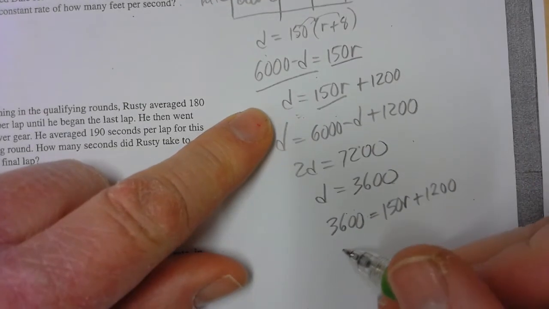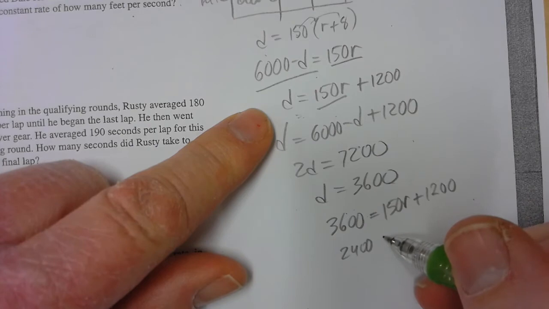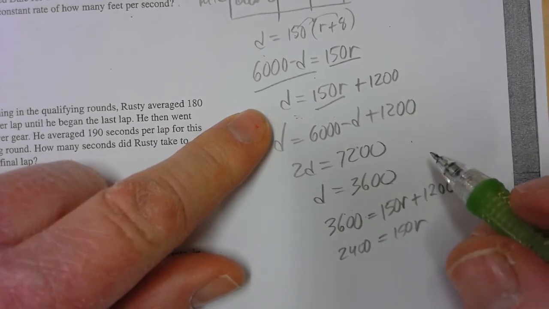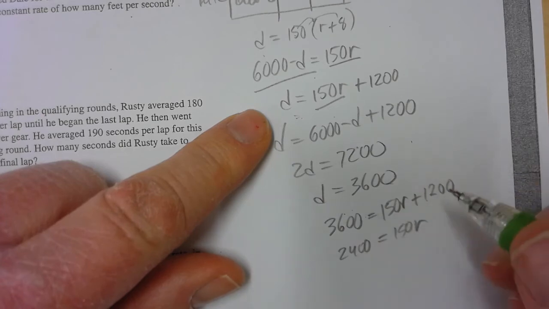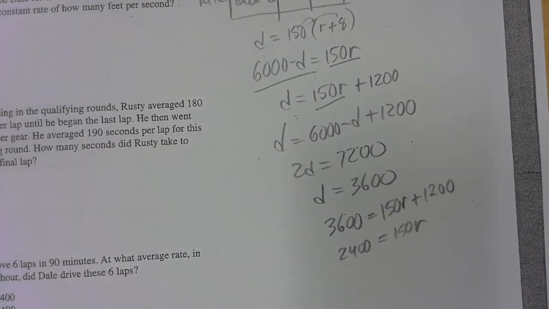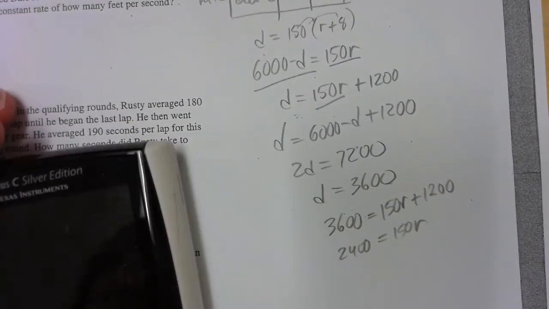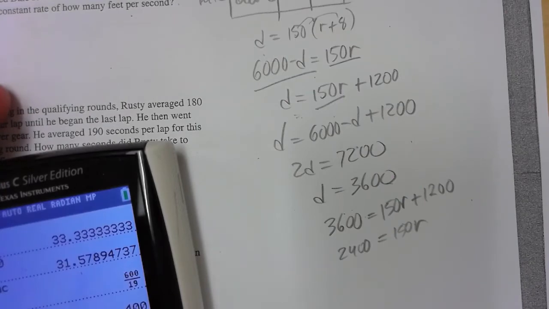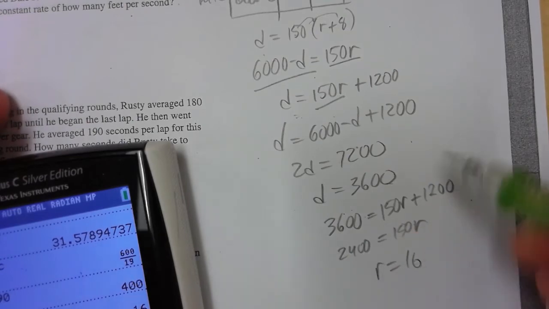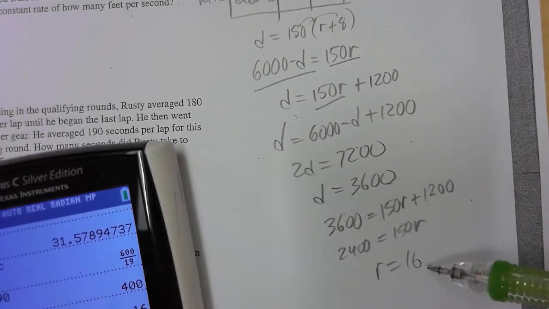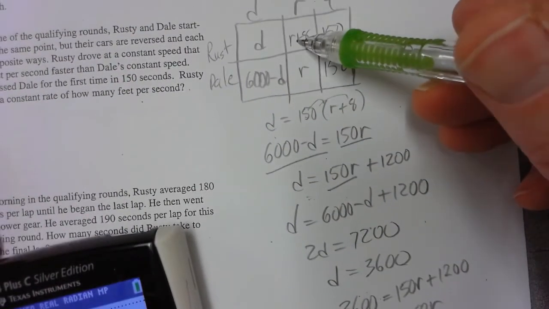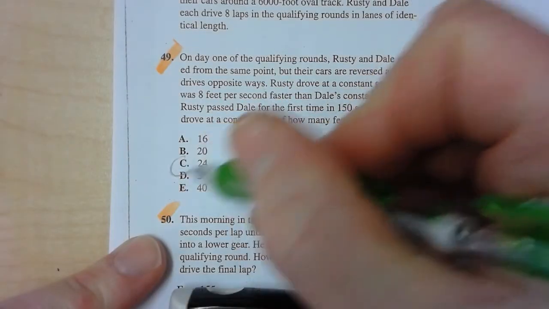Subtract the 1,200, 2,400 is equal to 150R. Okay, R divides into 2,400 16 times. Let me double check my math here. 2,400 divided by 150, 16 times. So the rate is 16, right? But they want to know how fast Rusty went. And Rusty went not 16, but he went 8 more than the R. So he went 24. So the answer is 24.